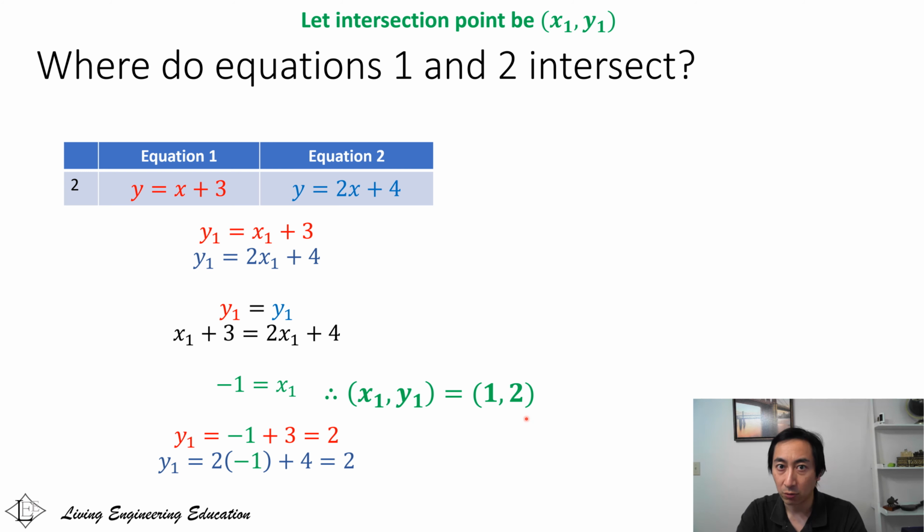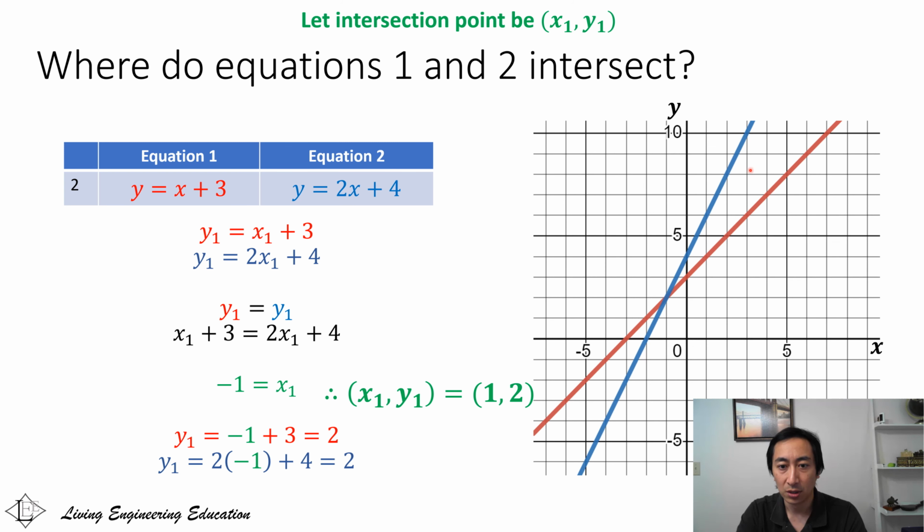So we can take a look at the graph to see if that's consistent. So here's my equation 2 in blue, and here in red is my equation 1, x plus 3. And so we see a point of intersection here, that's at negative 1, and y equals 2. So it matches what we expect to see.